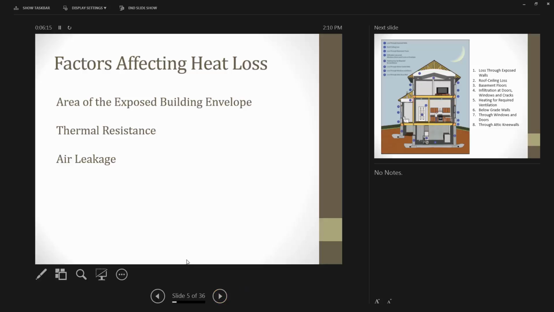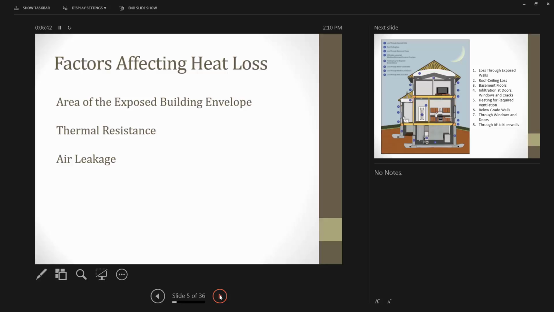Major factors that affect heat loss are going to be the exposed area of the building envelope. And when you're thinking about doing a calculation for heat loss, especially conductive heat loss, you've really got to be able to understand where the building envelope is and all the areas that are actually exposed to the outside.